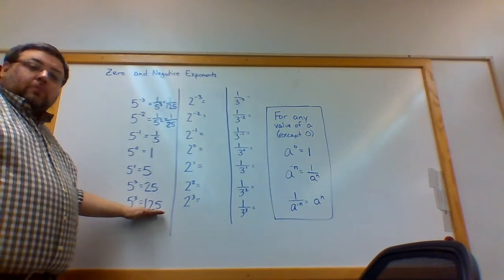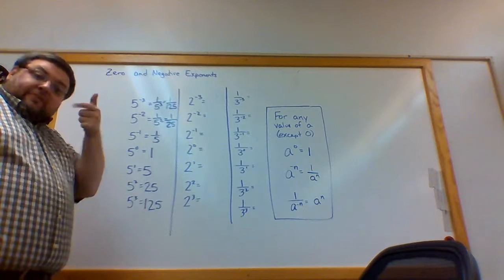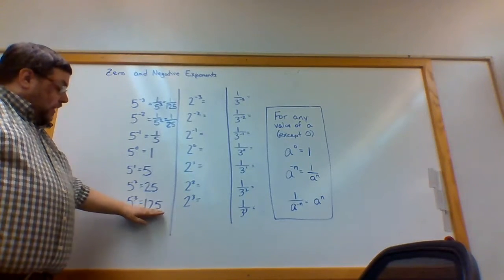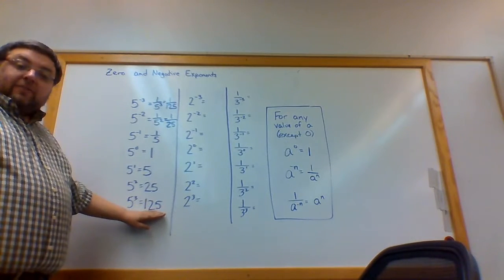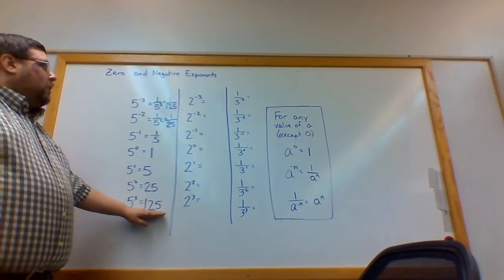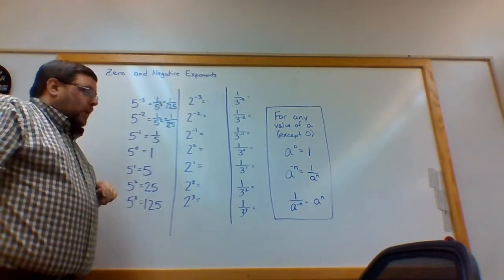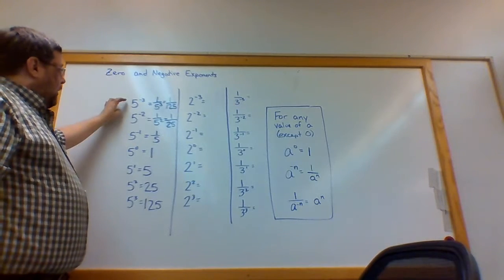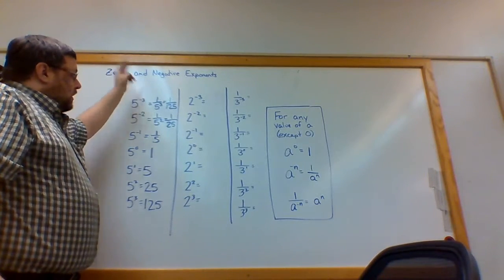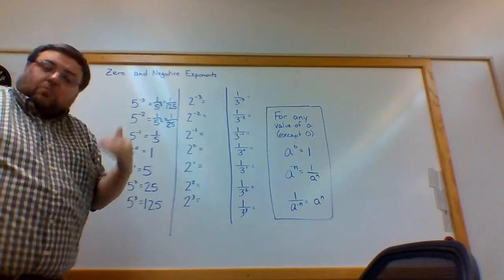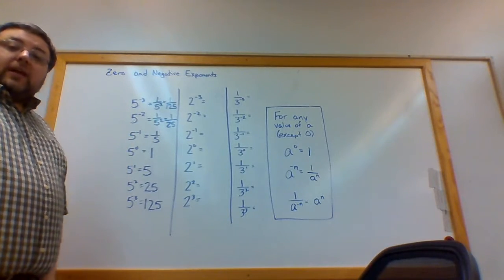Remember that the word reciprocal means if I have a fraction, I flip it over. So this one right now is technically 125 over 1. If I flip it over, that's 1 over 125. As long as I keep going backwards in the negative exponents, I'm just going to keep dividing by more and more 5s, putting more and more 5s in that denominator.